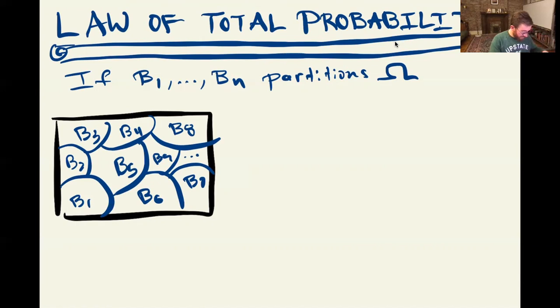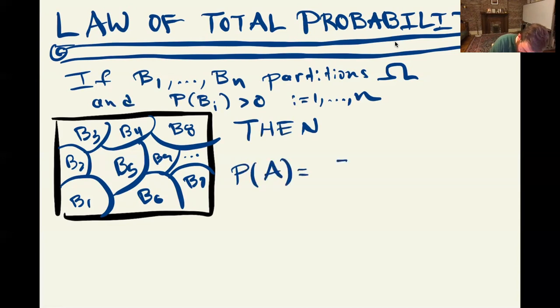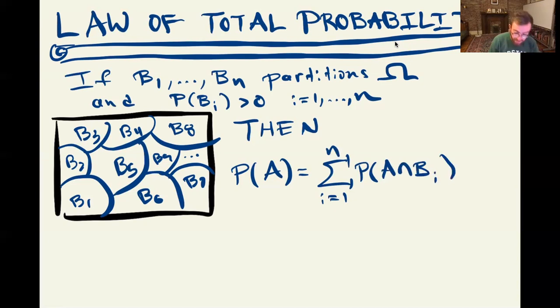And I know that the probability of each of these events is non-zero. Then we can compute the probability of any event A as follows. The probability of A is going to be equal to the sum from i equals 1 to n of the probability of A and Bi occurring.